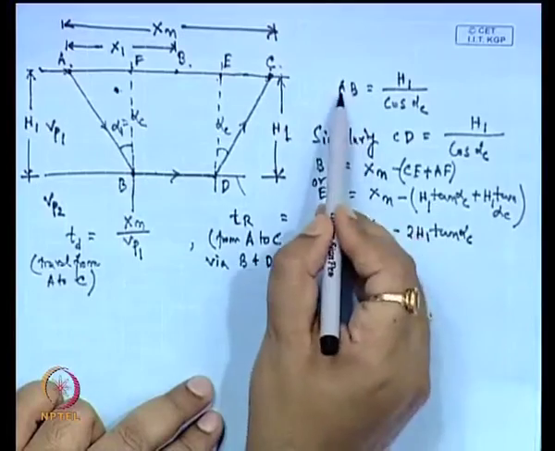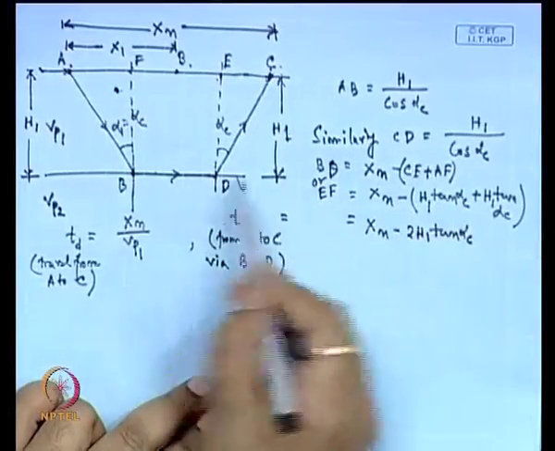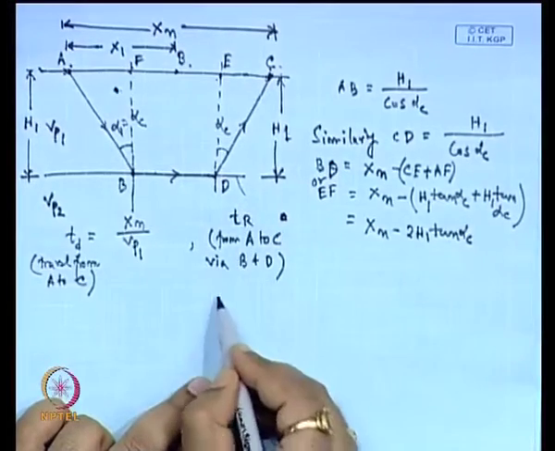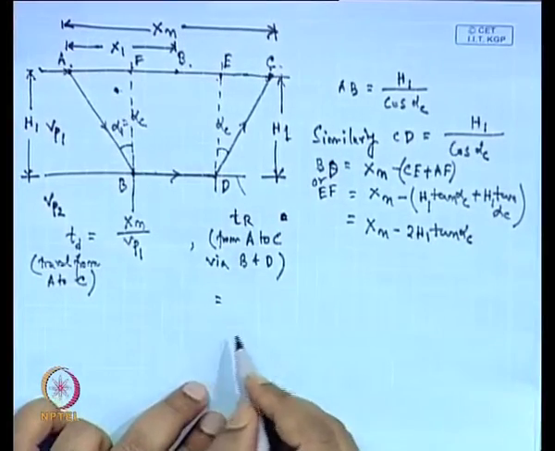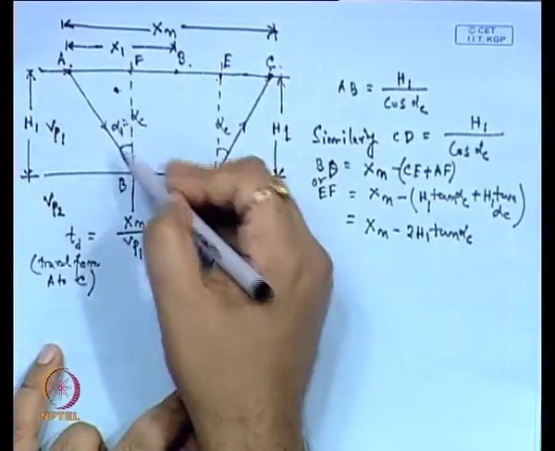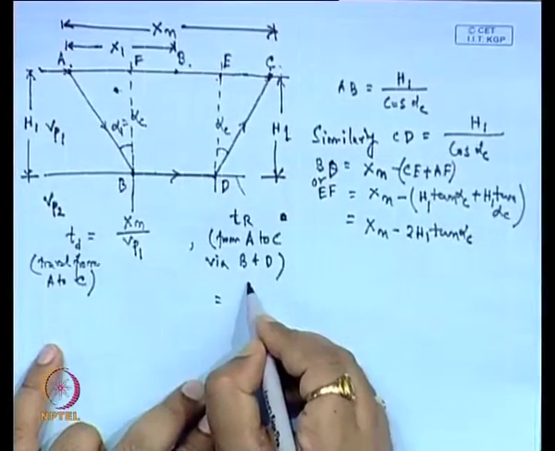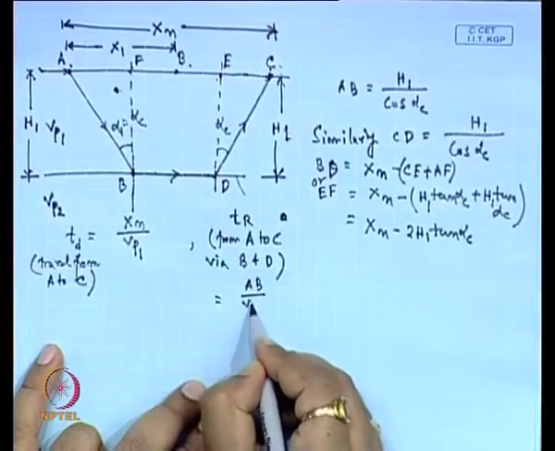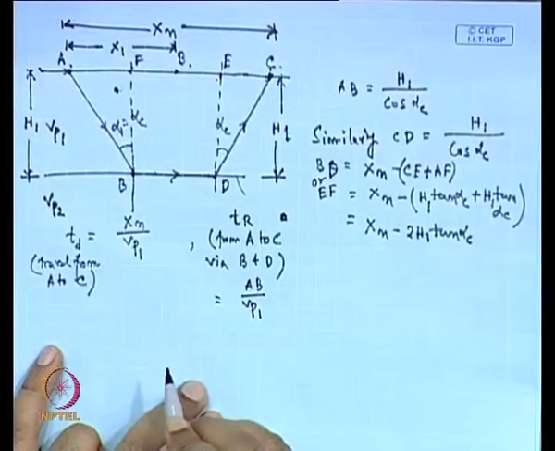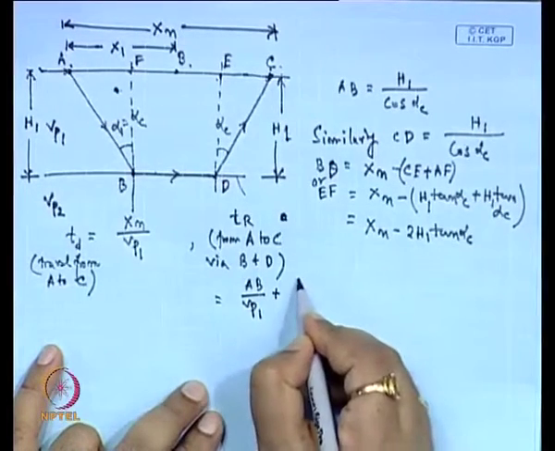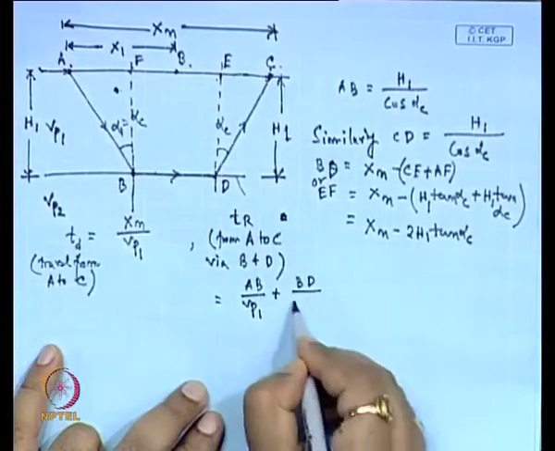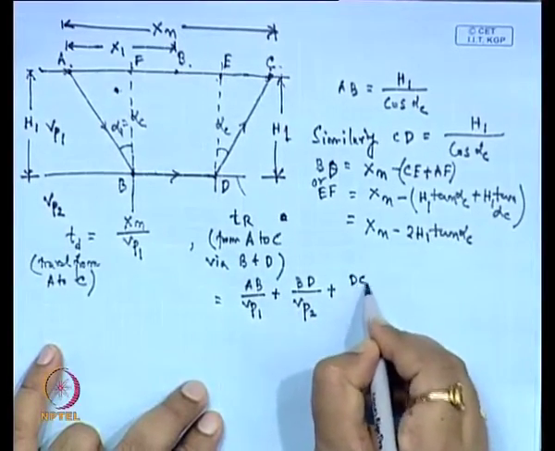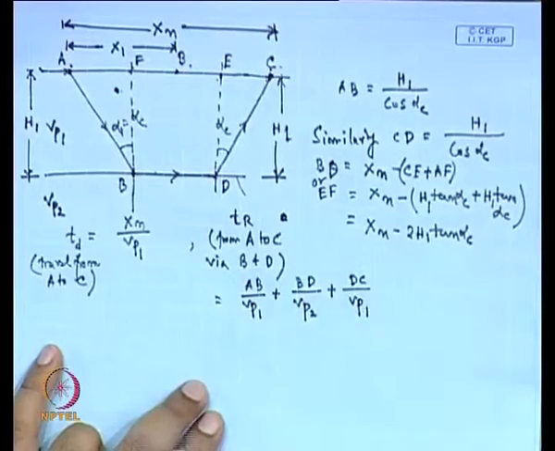So, now we know the A B distance, the C D distance, and the B D distance. If I want to write the time required T r, that will be equal to A B divided by V p 1, plus B D divided by V p 2, plus D C divided by V p 1.